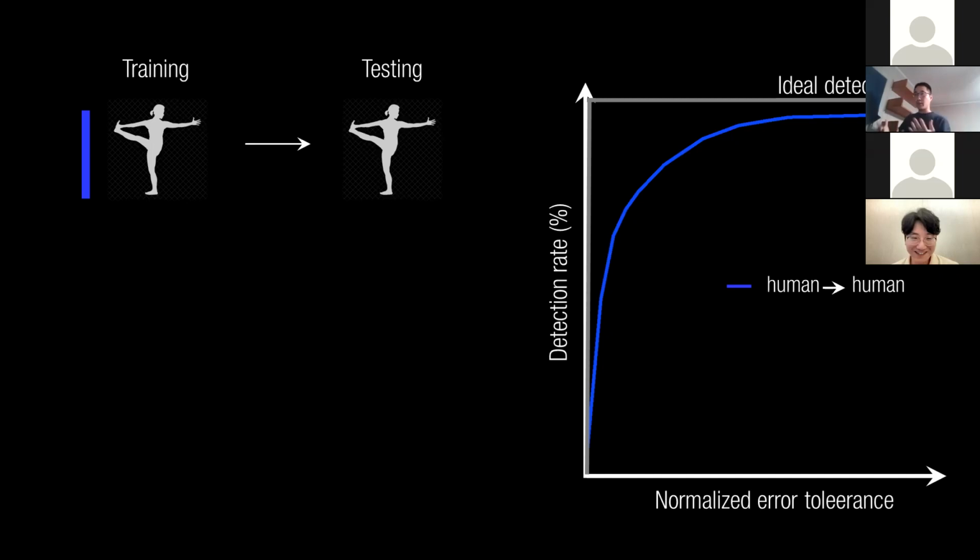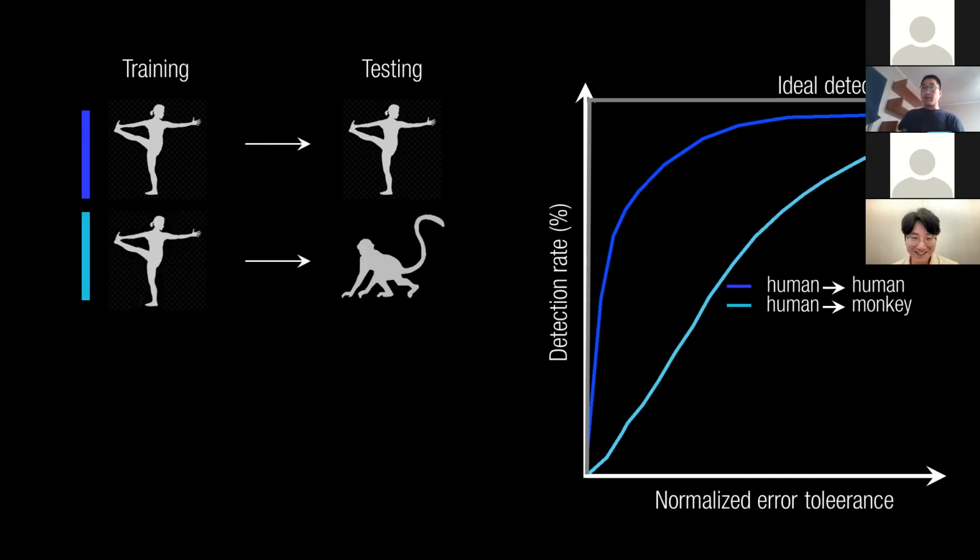You see that the performance is not perfect, but it's close to the ideal detection. It's pretty good. Now I consider the same trained model and test it on the monkey data without any domain adaptation. You see the significant performance degradation because the model is not designed to predict the monkey.